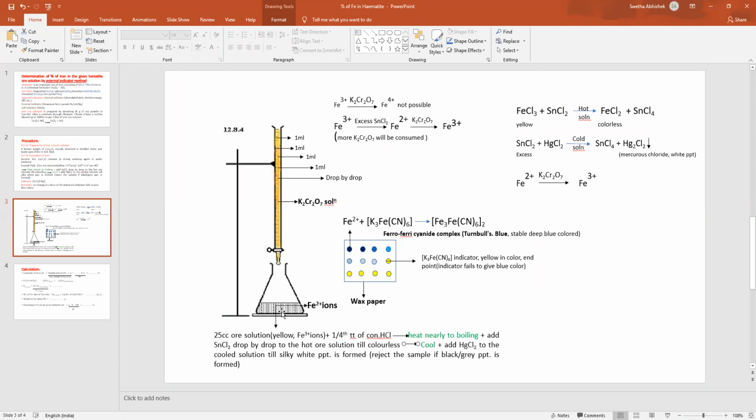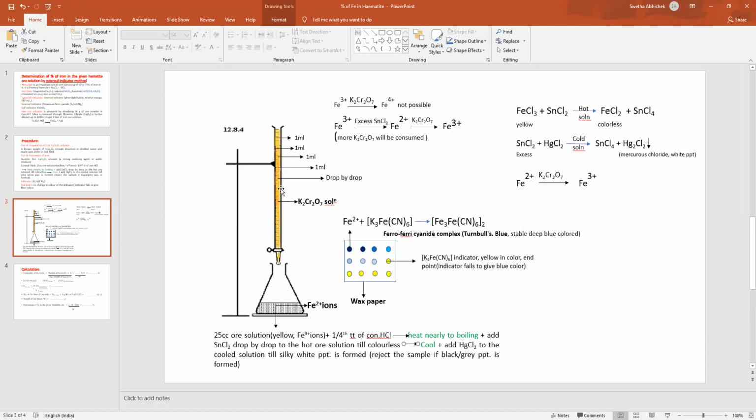Whether it is possible to determine the endpoint or not? Suppose this potassium ferricyanide indicator is used as an internal indicator. In the beginning, there will be more ferrous ions left in the ore solution. This ferrous ion strongly reacts with the potassium ferricyanide indicator, making the whole solution stable blue color.